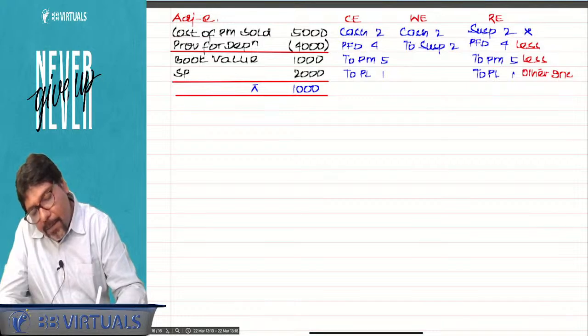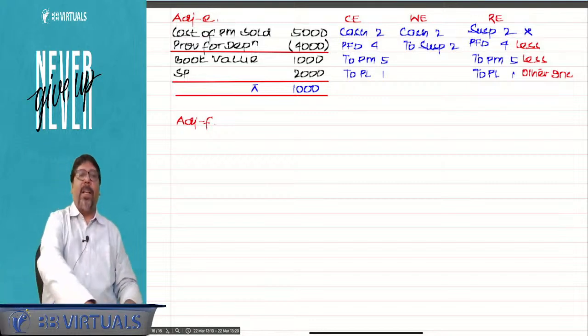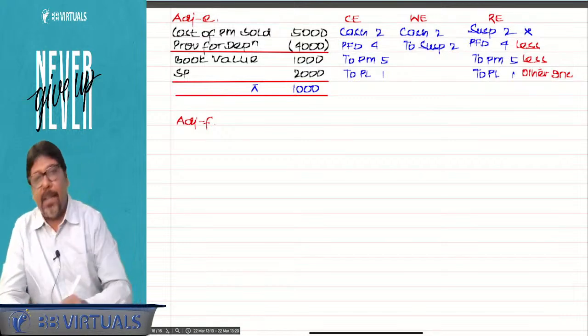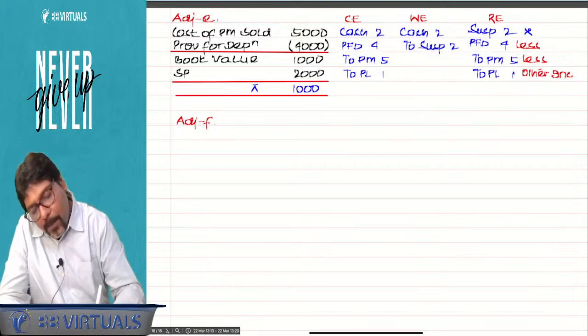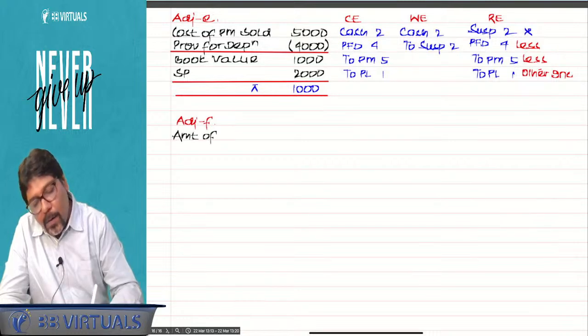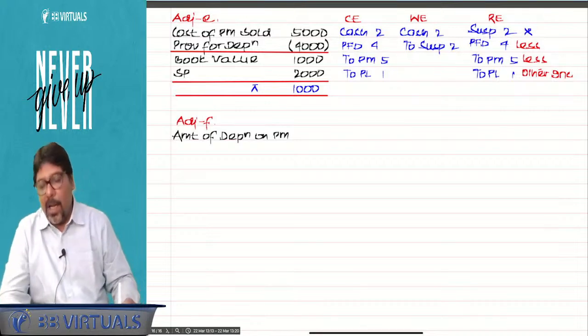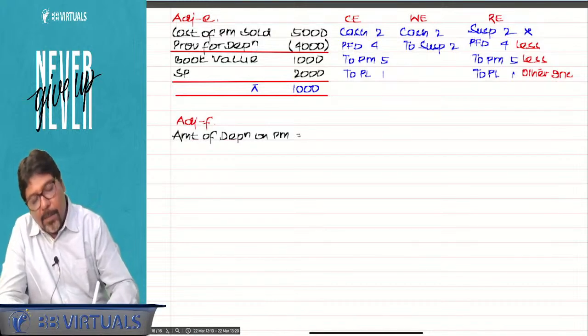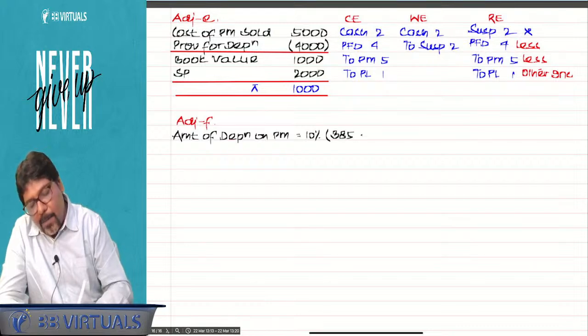Adjustment number F. Amount of depreciation on plant and machinery is equal to 10% of 385 minus 5.